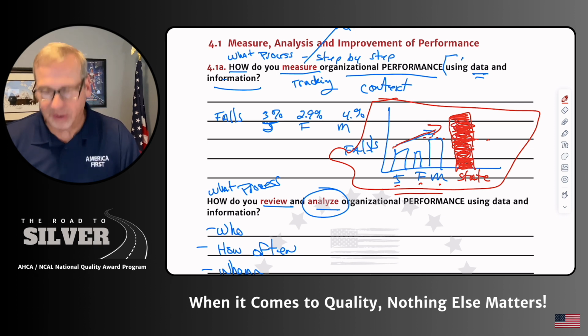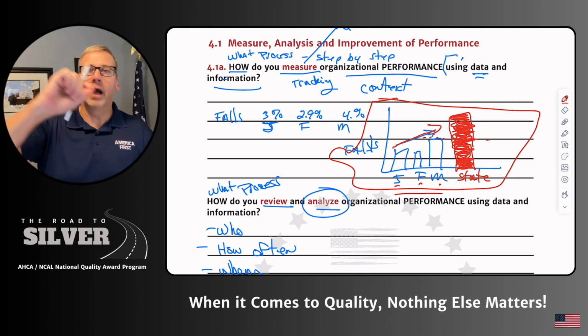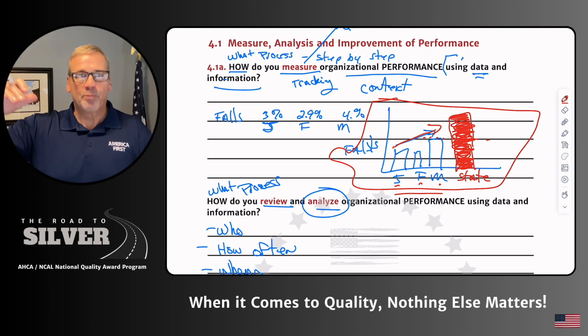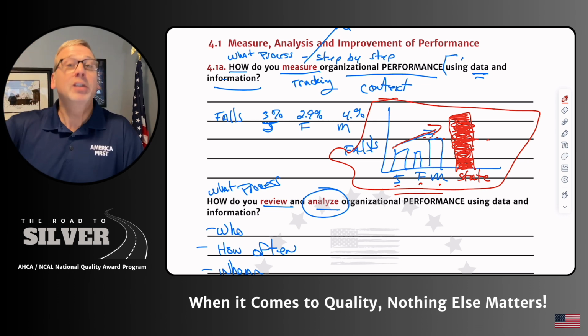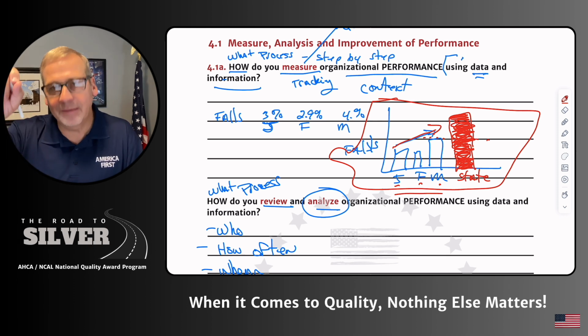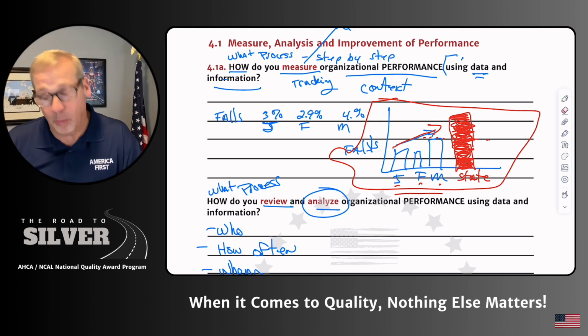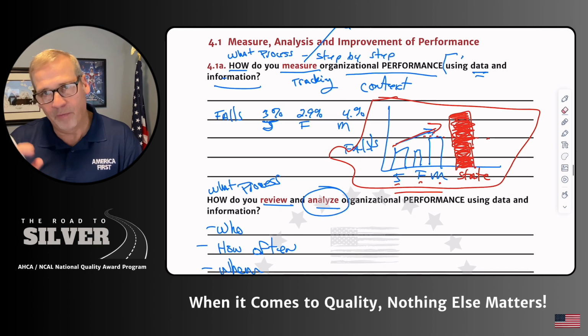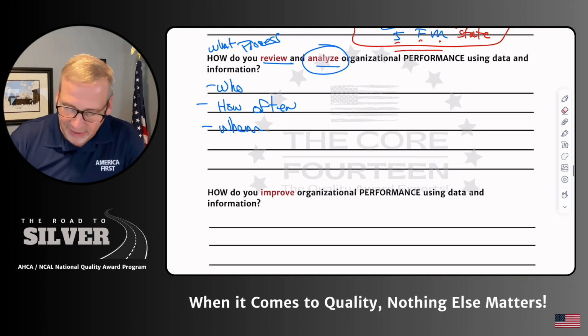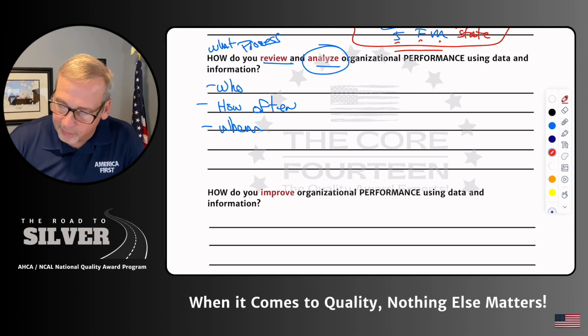It literally looks just like this, where they're trending up by a point of a percentage with falls, but they're 6-8 points below the state average, right? Like that's context. That's analyzing some information that we could really, really use. Hopefully that makes sense. And then finally, the final part of the question is, how do you improve? Let me change back to blue.